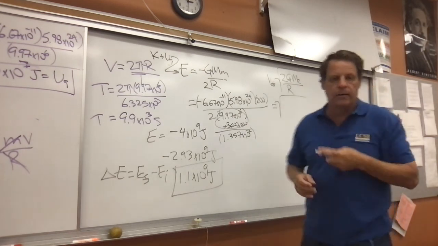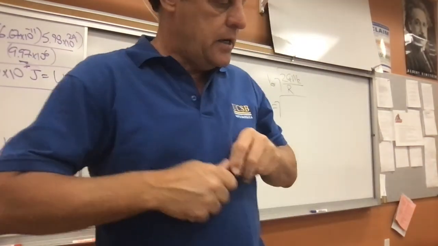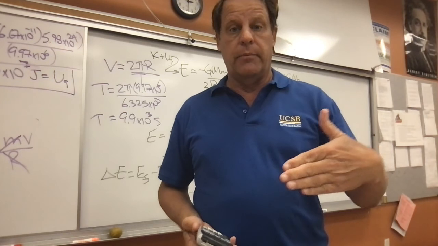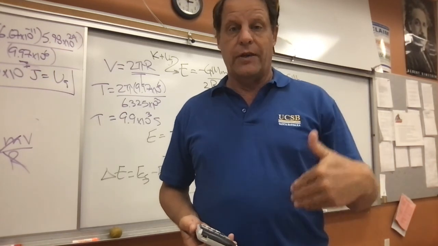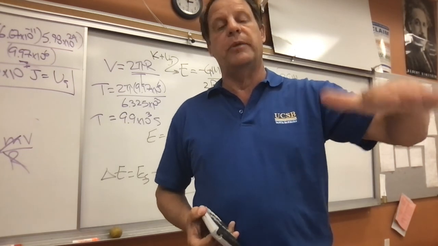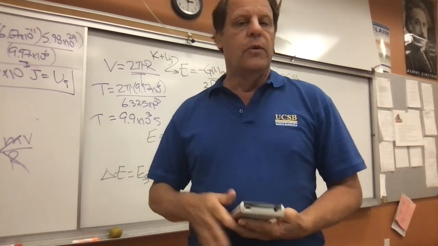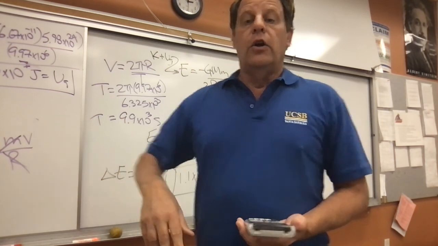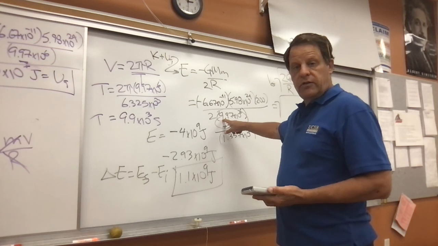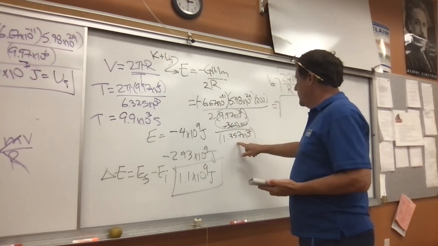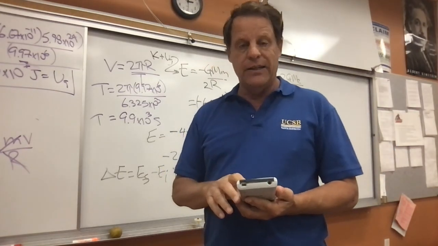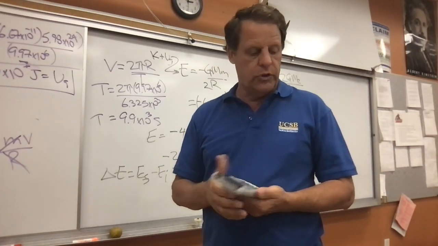It doesn't really say in the question whether that is the escape velocity from the Earth, or from the 3,600 kilometer radius, or the 7,200. We're just going to do it for the Earth. We could use either the 9.97 times 10 to the 6th here, or the 7,200, and we'd get slightly different answers, but we'll do it for the Earth.